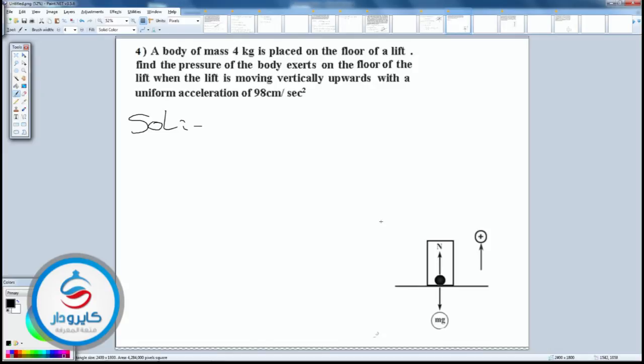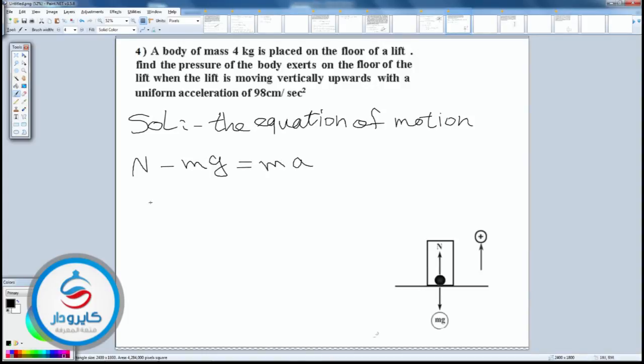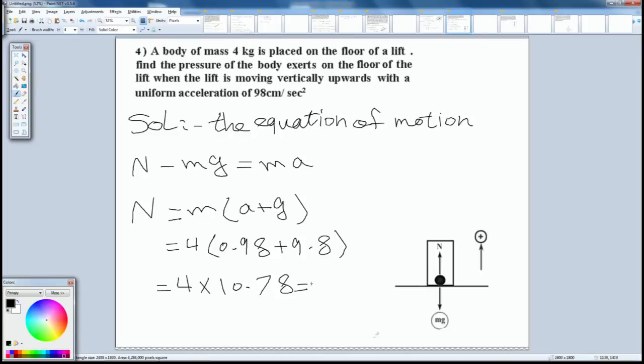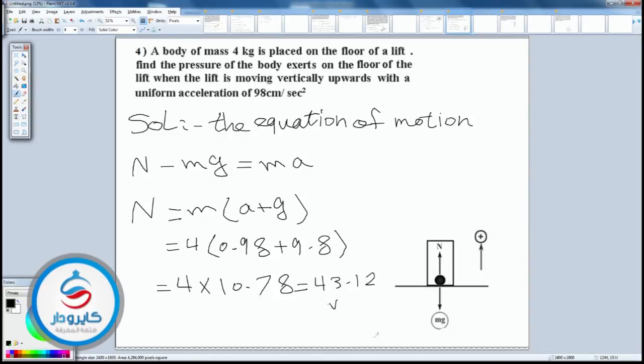Look at this figure. The equation of motion: N minus mg equals ma, N equals m by a plus g equals 4 by 0.98 plus 9.8 equals 4 by 10.78 equals 43.12 newtons.